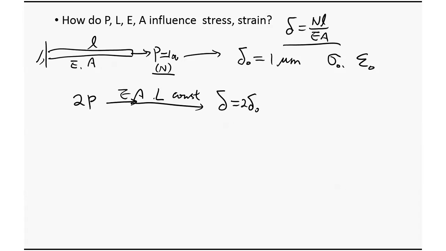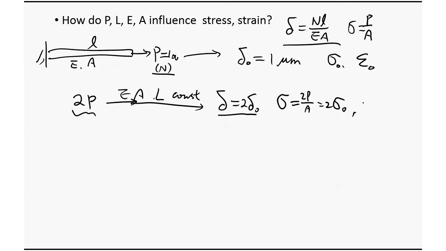Now if I apply twice the load to the same bar, I get twice the elongation. What about the stress? Twice. Why twice? Because stress is P over A. So I double the load P, so I have 2P over A. Therefore, I have twice the sigma 0.